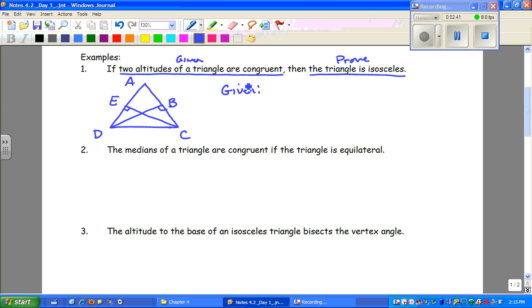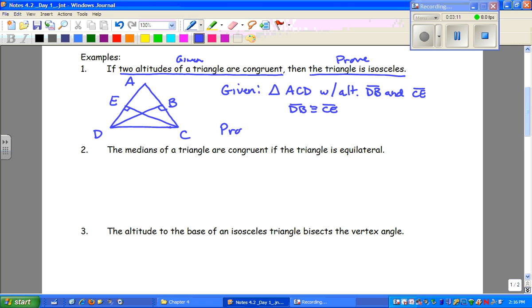So given, we're given that triangle ACD with altitudes DB and CE. We also know that they are congruent, so DB would be congruent to CE.